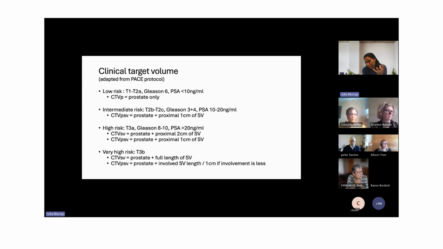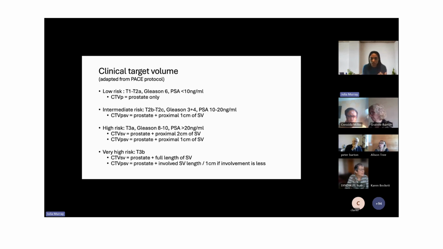So for low risk patients, I think all of us would agree that actually we shouldn't be treating these patients with radiotherapy. They should be on active surveillance. Patients with intermediate risk factors, we recommend prostate plus proximal 1 centimetre of the seminal vesicles. For those with high risk factors, the high dose would be to the prostate plus proximal 1 centimetre seminal vesicle, and then the extra proximal 1 centimetre of seminal vesicle would receive the lower dose.